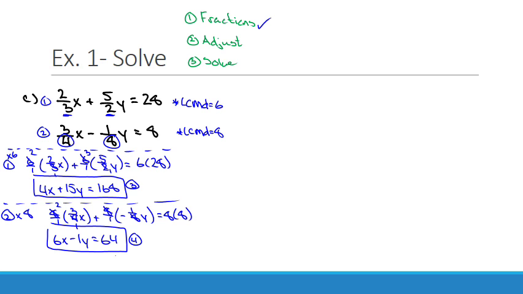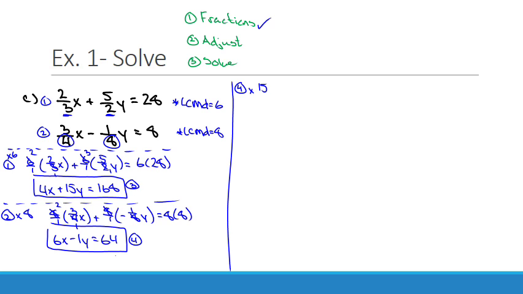I will choose the y's because I only have to adjust one of the equations rather than both. So that's my logic there. So I'm going to take equation 4 and I'm going to multiply it by 15. Why 15? Because then that would give me a negative 15y in that equation. That will be the opposite of the positive 15y in equation 3, and that will set up my elimination perfectly.